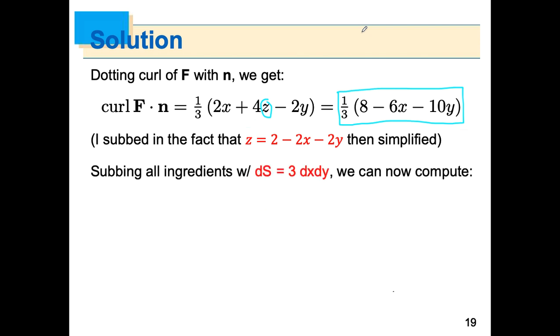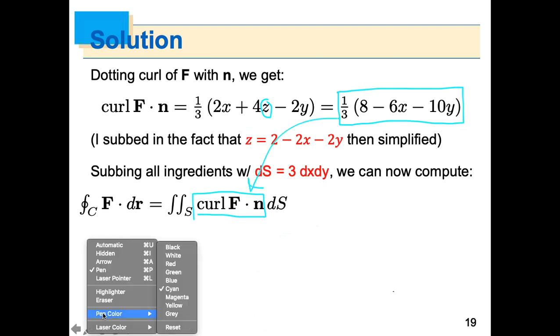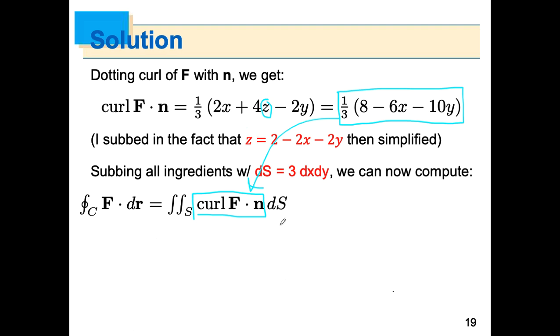Then, of course, substituting all ingredients with ds equals 3 dx dy, we now can compute. Obviously the curl of f dotted with n is going to be this up here, and ds is right here.